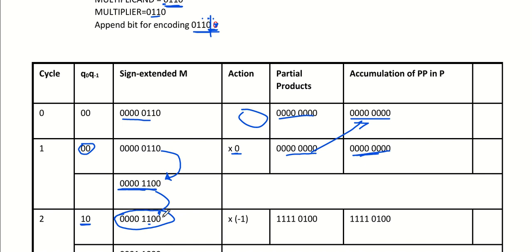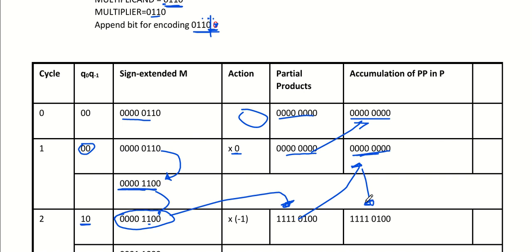So find the two's complement of this, and that's the two's complement of it. So you found the negative, right? Then you just add it to the one in the accumulator, just the previous accumulator, and that will give you this one.